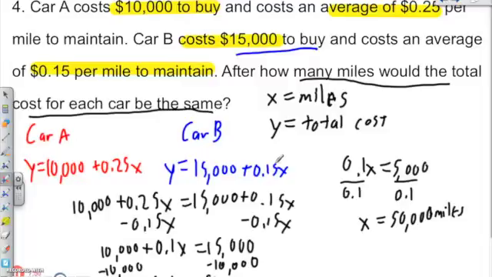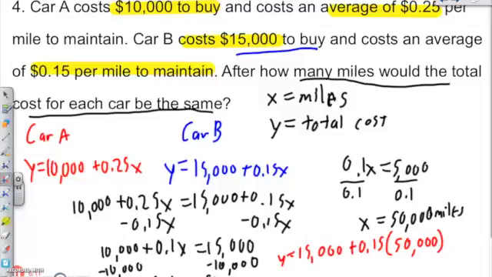You would plug this back in to your original equation, and you could plug it into either one. But you would have y equals 15,000 plus 0.15, and we replace x with that 50,000 miles we just found.